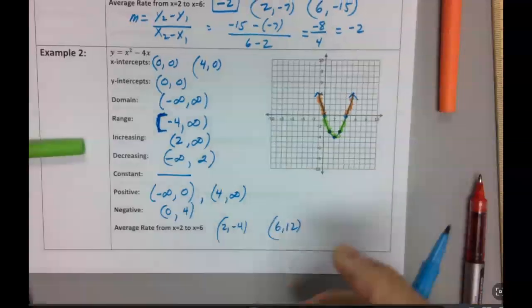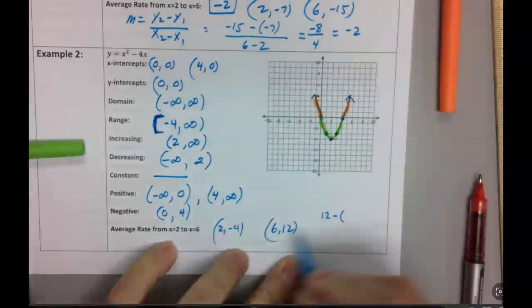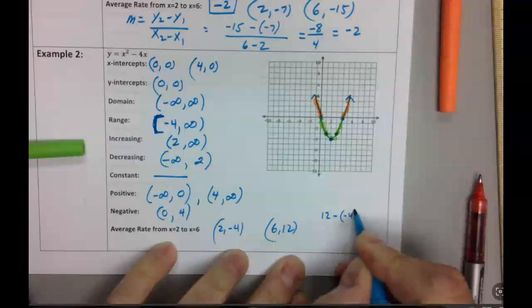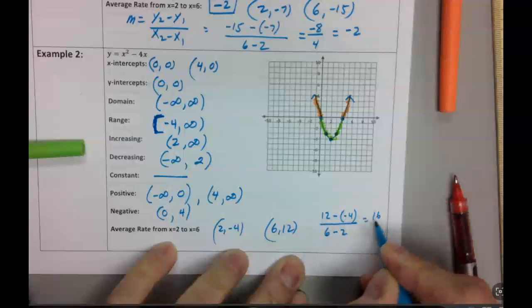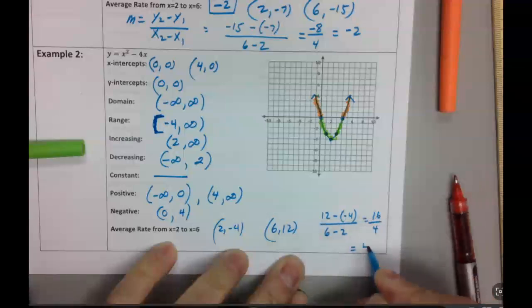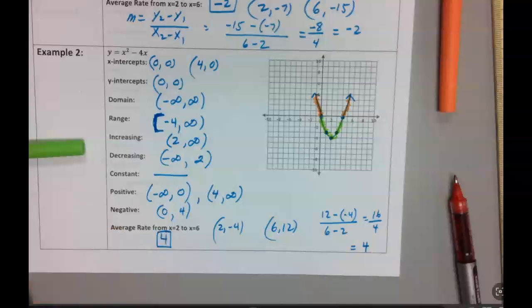So we're going to find our average rate of change, correct? So that's going to be difference of y's over difference of x's. So 12 minus negative 4 would be 16 over 4, which is equal to 4. So our average rate of change is 4. Okay? All right, let's go to the next one.